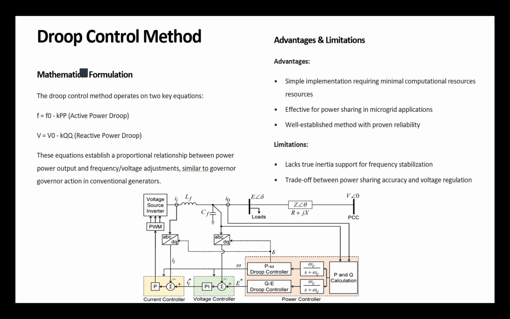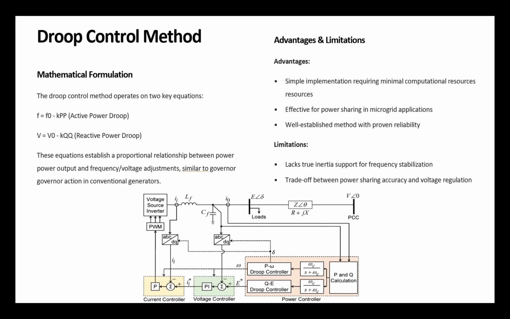Similar to PID control, we read the voltage at the terminal, we compare it to the mandated set point that we want to have, and based on that, we adjust the active power and reactive power injection into the system.